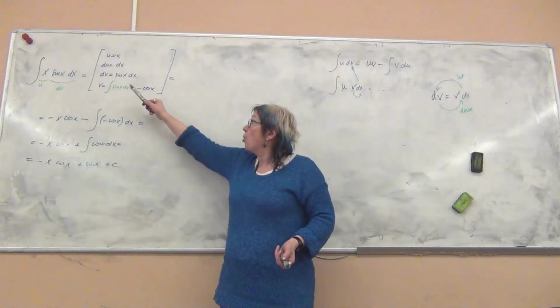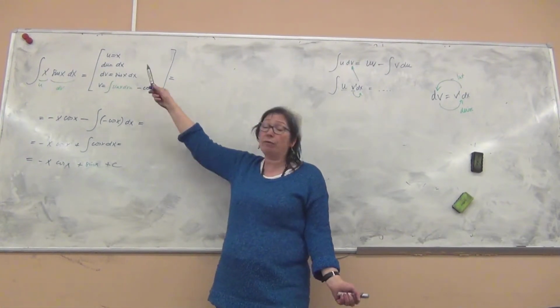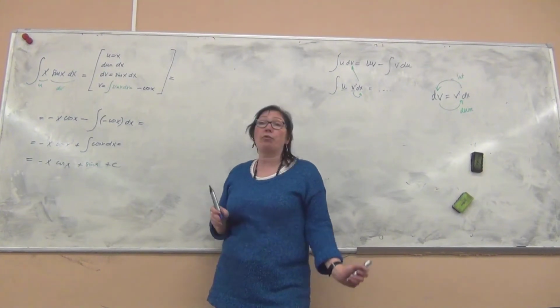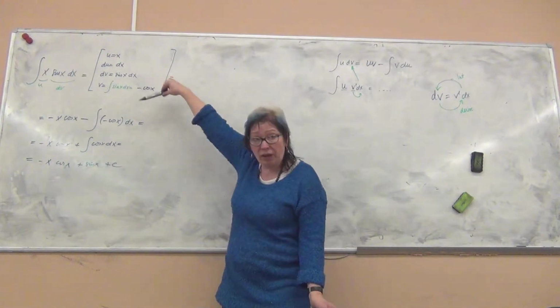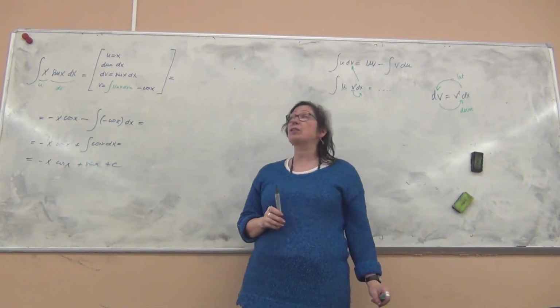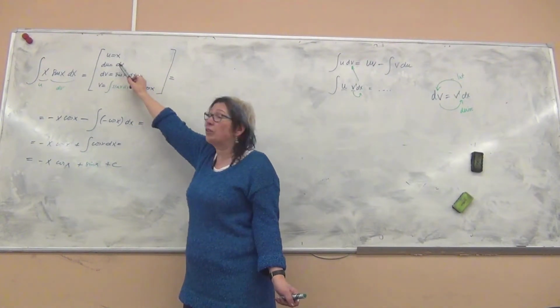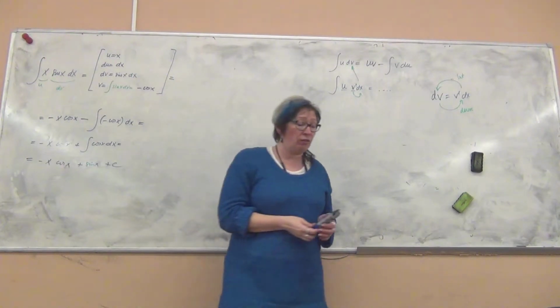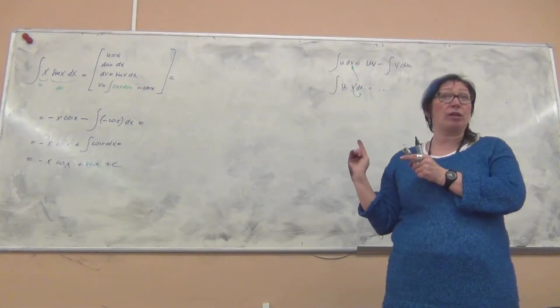Sometimes constant factors are involved. For example, if we have sine of 3x, then of course in the process of integrating I have to divide by 3. Or if I have x squared, then du will be 2x dx. Again, more things involved. Sometimes you may need to repeat the process.